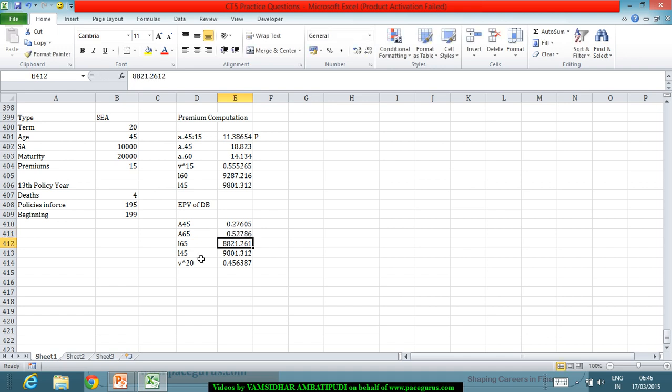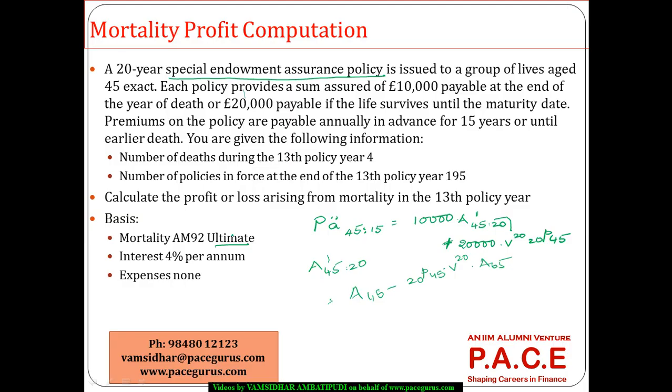So I can very well compute the expected present value of the death benefit, which comes out as 10,000 times A45 minus v^20 times 20p45, which is L65 by L45, times A65. The expected present value of the death benefit is somewhere around 592.